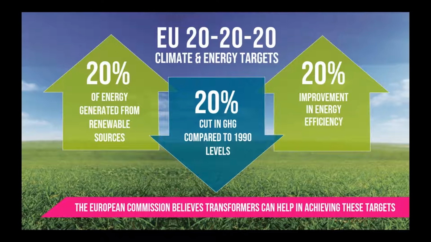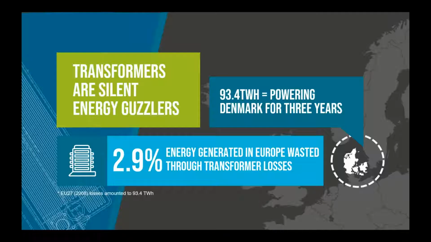But the European Commission believed that transformers can play a major part in achieving these targets. Why? The EU estimates that transformers waste nearly 3% of the energy produced in Europe. So almost 3% of all energy generated across Europe. And when we say Europe, the continent.